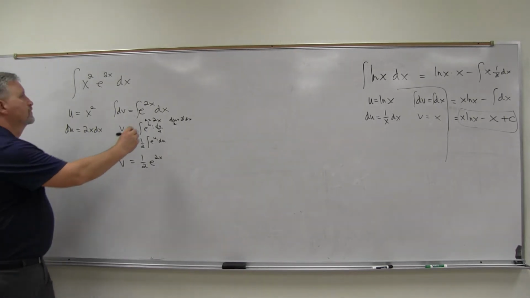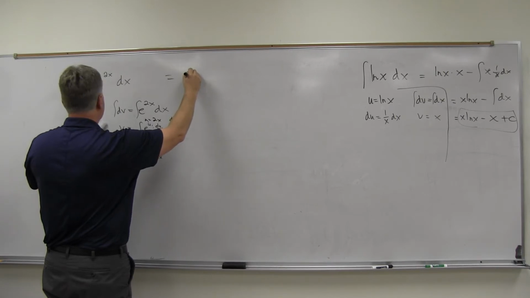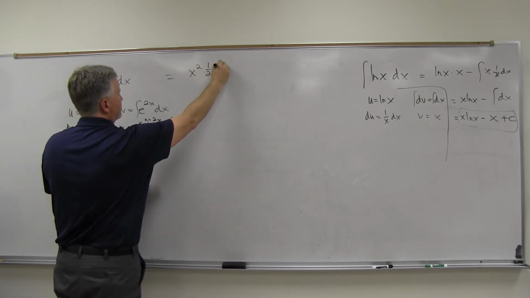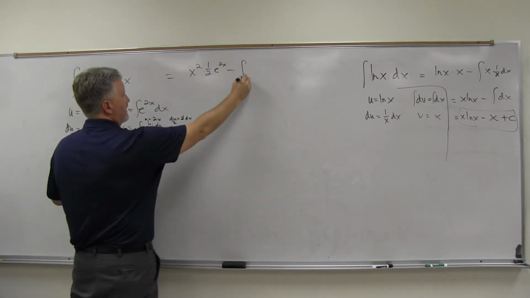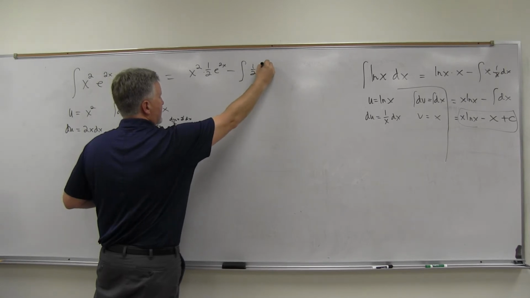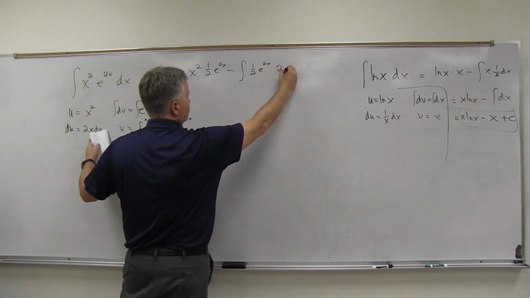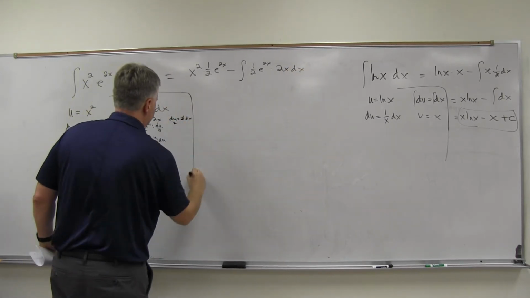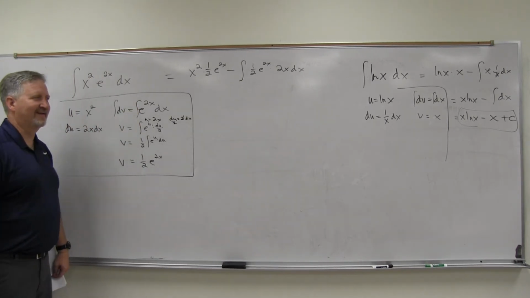All right. Okay, so this equals u times v, x squared times 1/2 e to the 2x, minus the integral of v, 1/2 e to the 2x, times du, 2x dx. You're really going to love this. Okay.